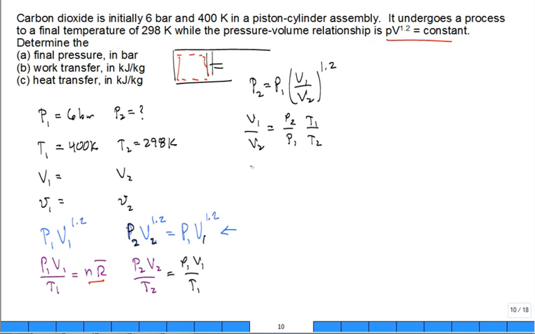Substitute in, so we'll get, maybe I'll do it this way, just try to make it clean. P1 over P2. All right. 1 is equal to P1 over P2 times, when we substitute, we get P2 over P1 to the 1.2 times T1 over T2 to the 1.2.